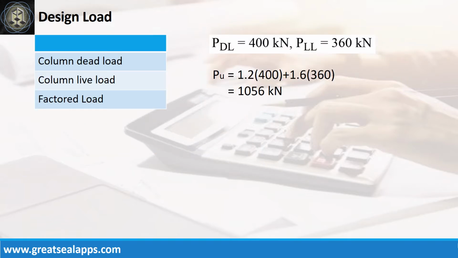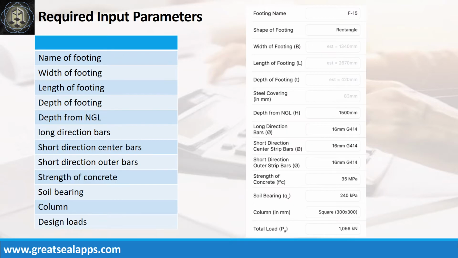The footing carries an axial dead load of 400 kN and axial live load of 360 kN for a factored load of 1056 kN. Enumerate input parameters required.